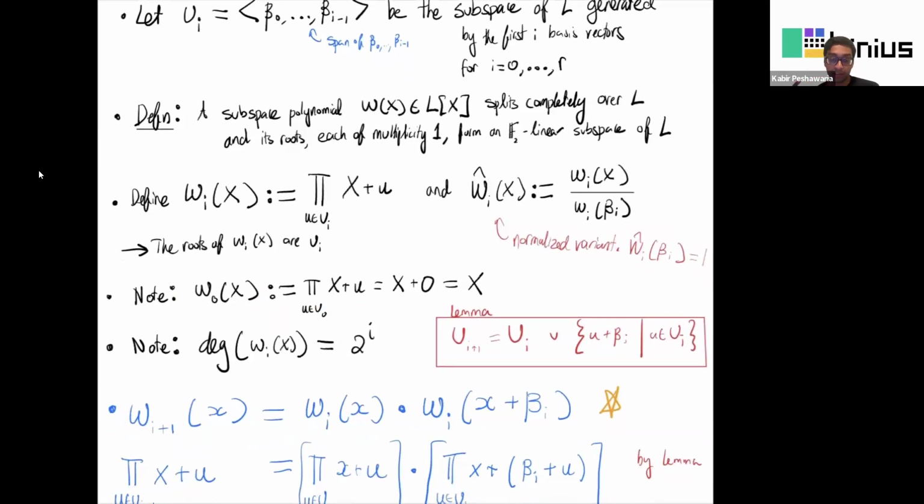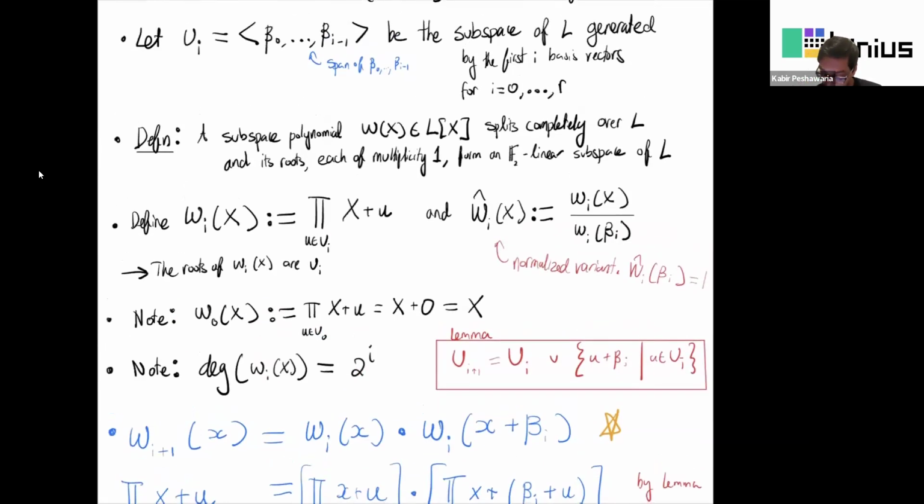Note that the degree of Wi(x) is equal to 2 to the i. In fact, this degree is equal to the size of the ith subspace, Ui. The size of the ith subspace is basically how many elements can I make from this, right? And how many elements can I make from this if my coefficients have to be in F2?